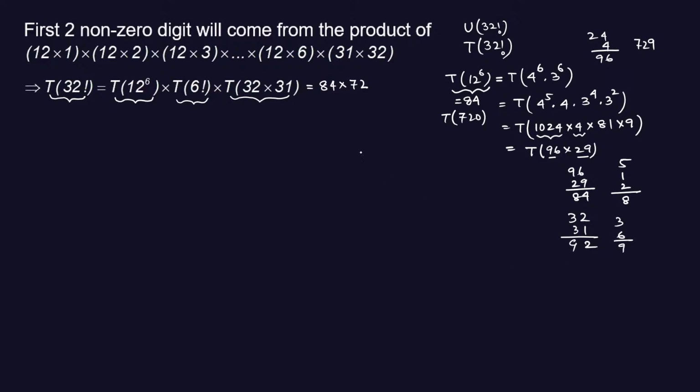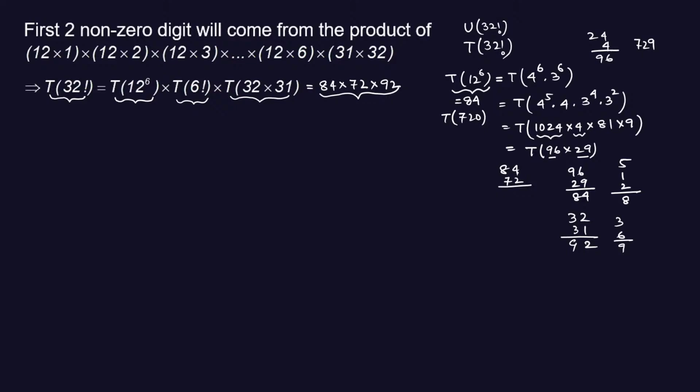It's 92, right? So what will be the last 2 non-zero digits that will come from this? It is 84 into 72.